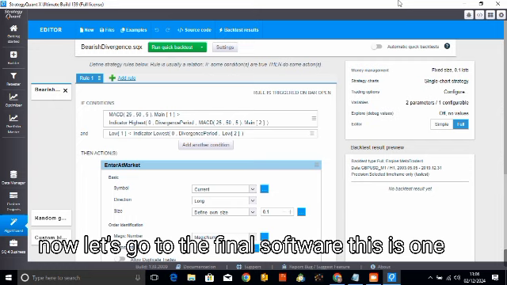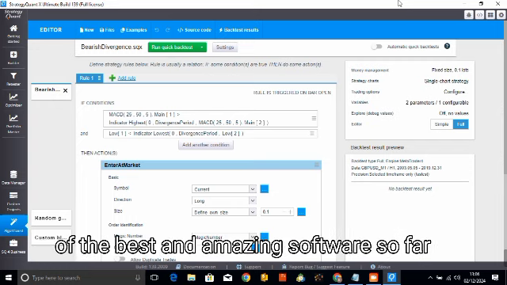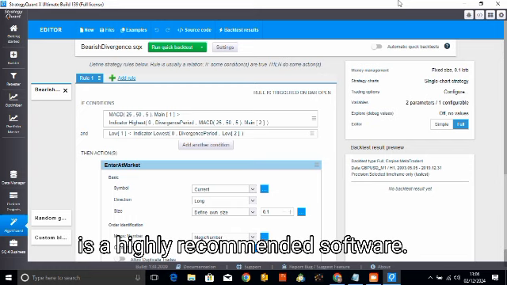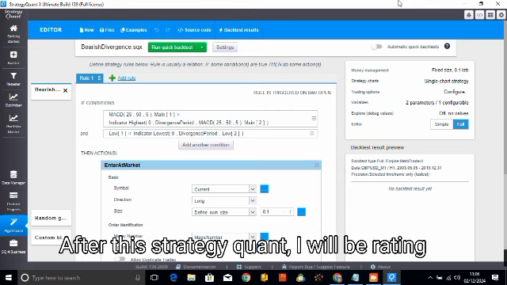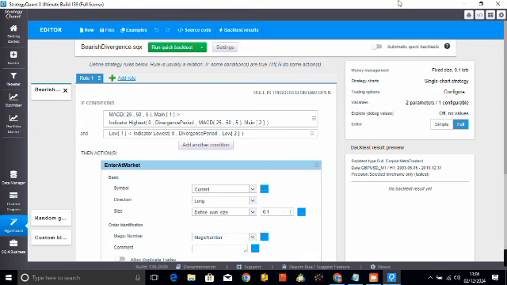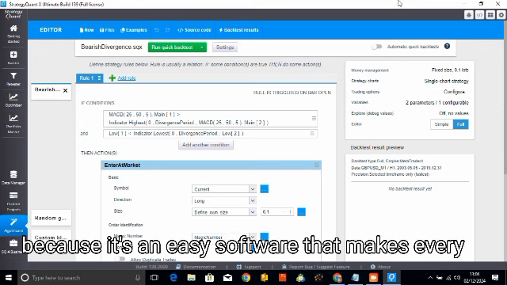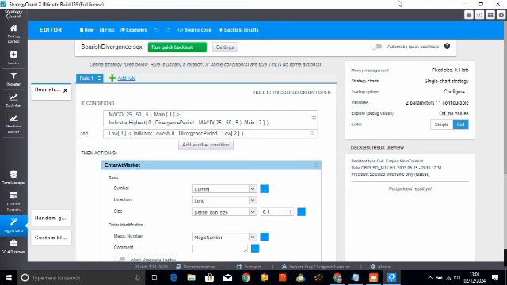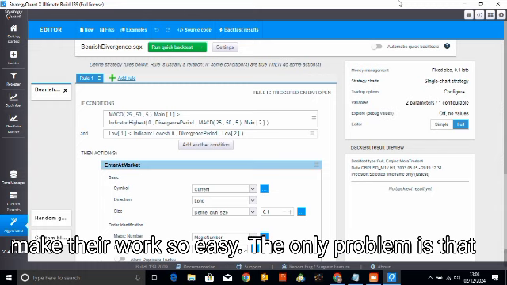Now let's go to the final software. This is one of the best and most amazing software so far. It is a highly recommended software. After Strategy Quant, I will be rating that one 5 over 5 because it's an easy software that makes every programmer out there more smart and makes their work so easy.